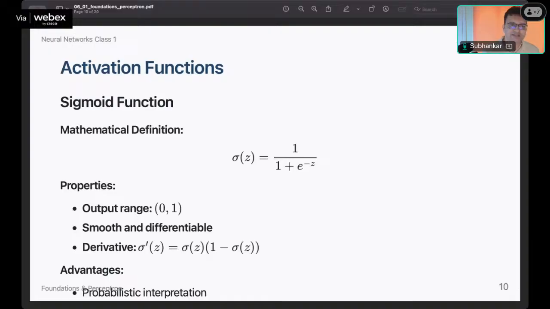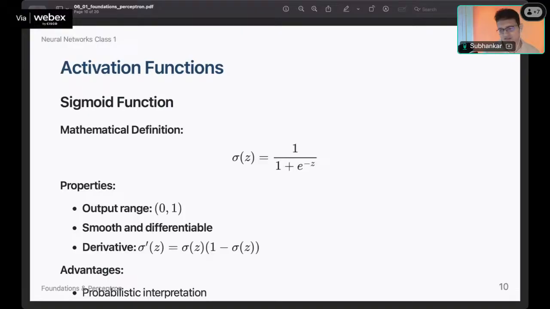Another thing is that it's not zero centered, right? So outputs will always be positive. This can cause issues. Some optimization techniques might have issues, because if there is always a positive output, it will keep on jumping rather than reducing.